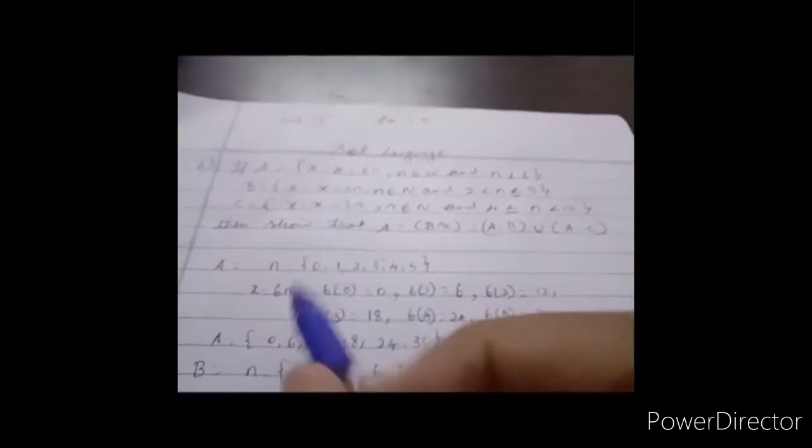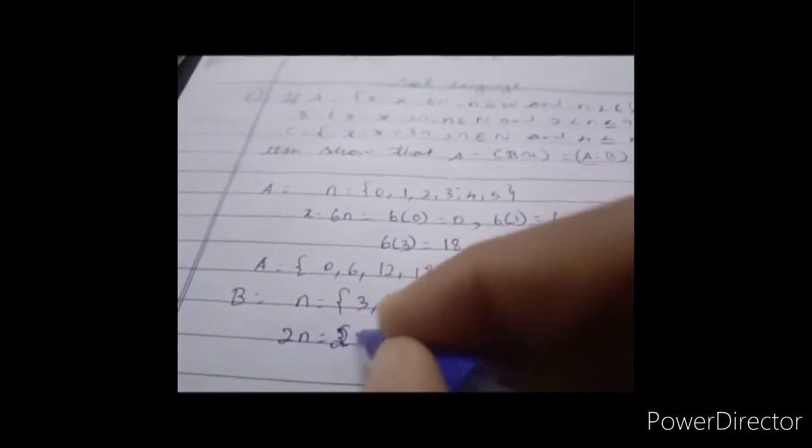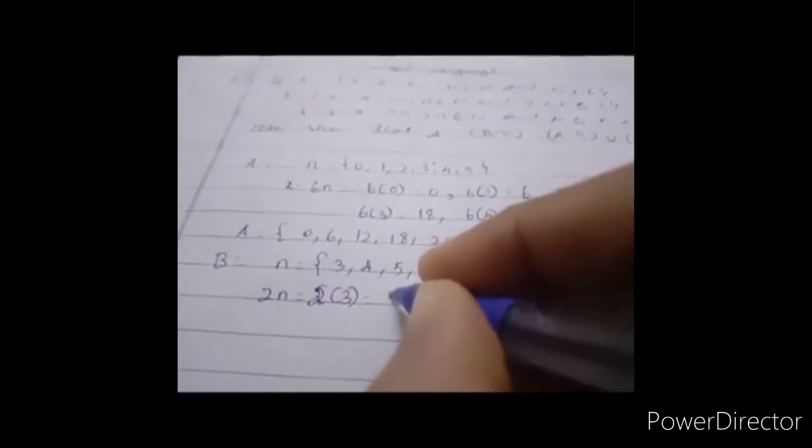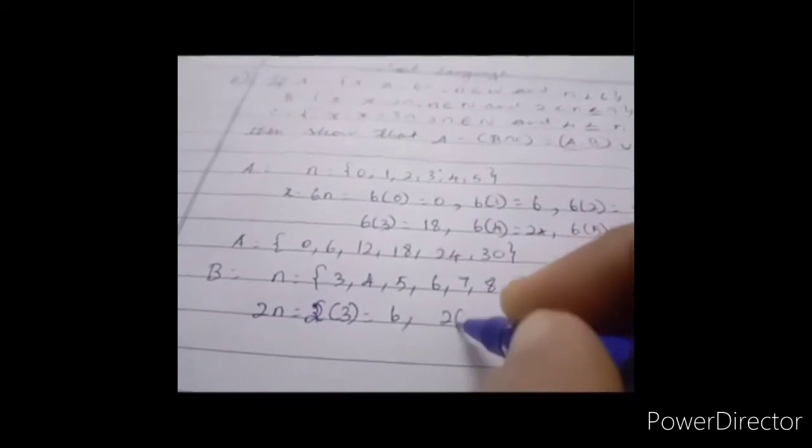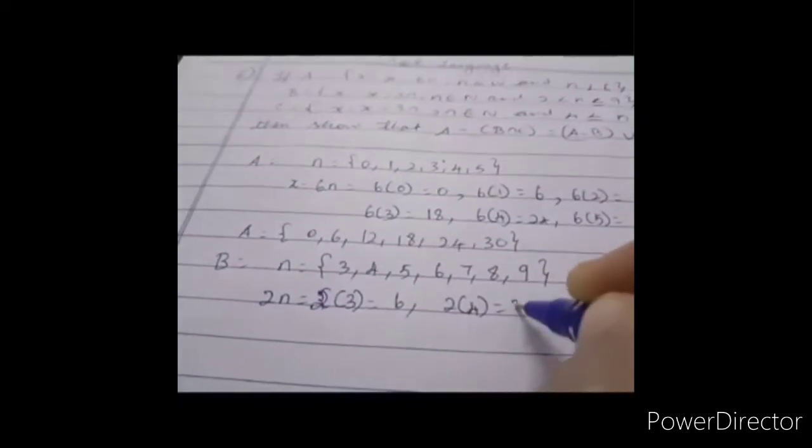And then what they given? X is equal to 2n. So in the place of n you have to substitute the value of 3. Therefore 2 into 3 is equal to 6. Then 2 fours are 8.